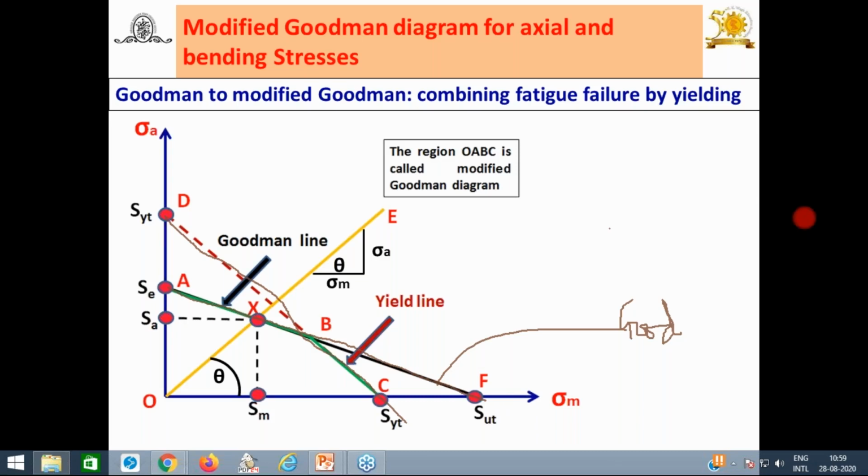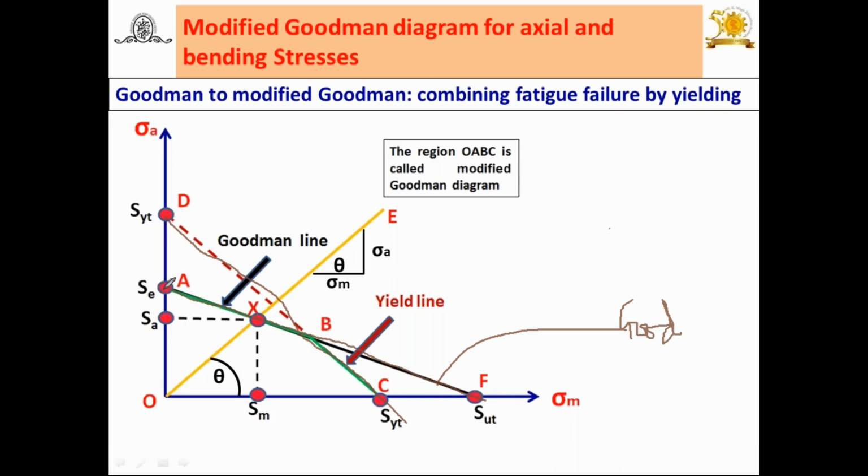And for that purpose, what is the modification in construction? Look at this. From this SE up to this point B, we are taking care of the Goodman points or the Goodman line, and from this B we are joining the point C, SYT. So it's a yield line, that means it will take care of yield failure also, or yield points also.